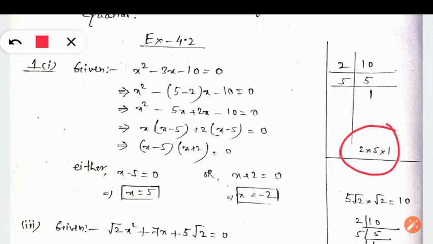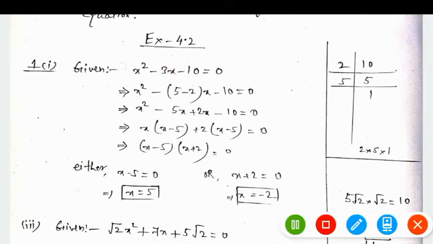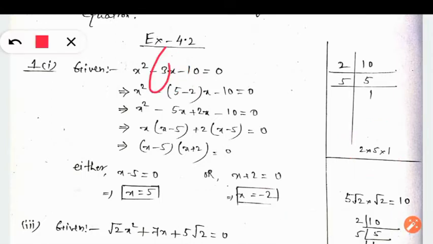Now by using these factors, and see this sign, what do we have? Minus here. So by using these factors 2, 5, 1 and by doing subtraction, we need to get the value 3.